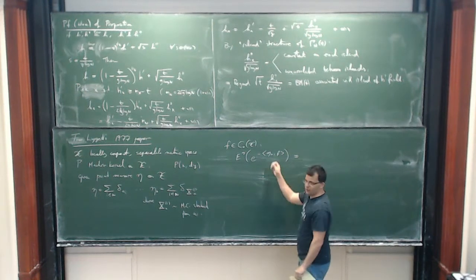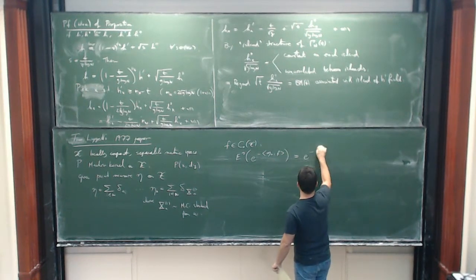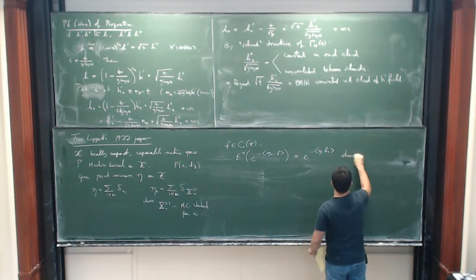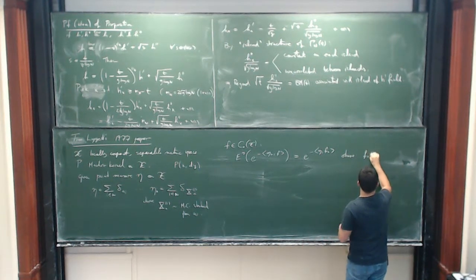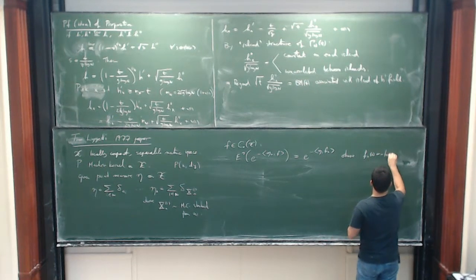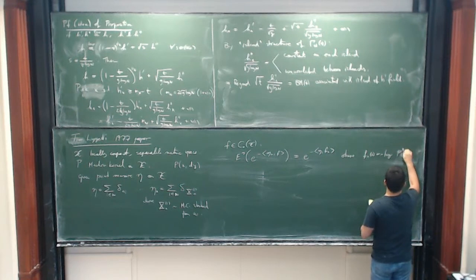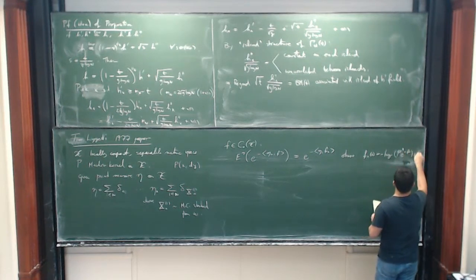The product you can exponentiate. So this becomes e to the minus eta f_n, where f_n of x is the minus log of P^n of e to the minus f evaluated at x.